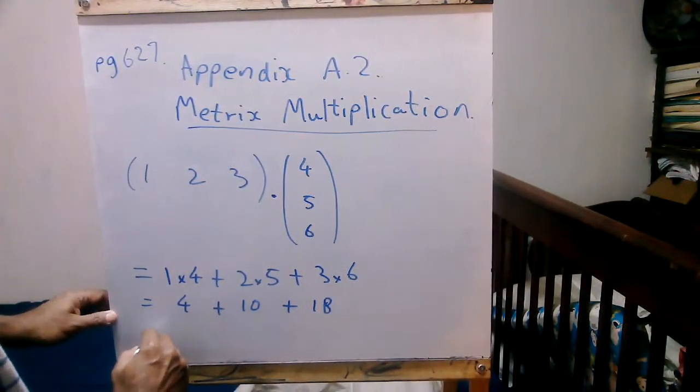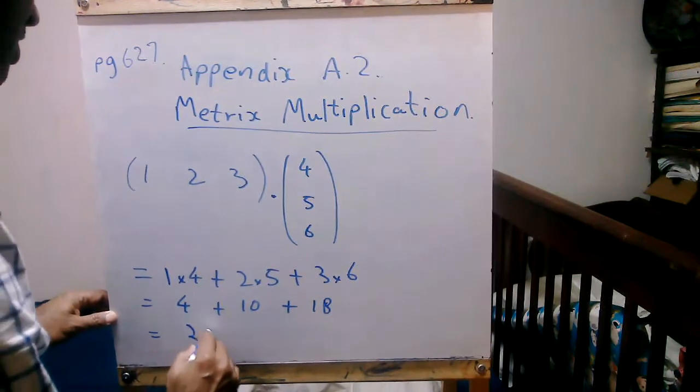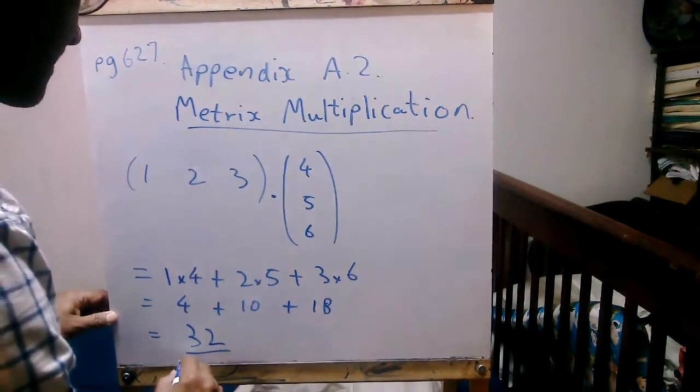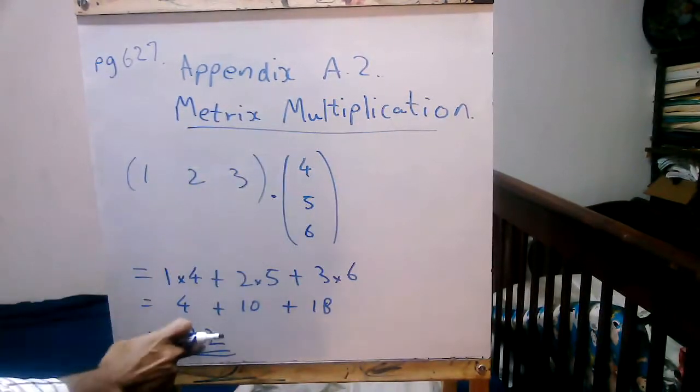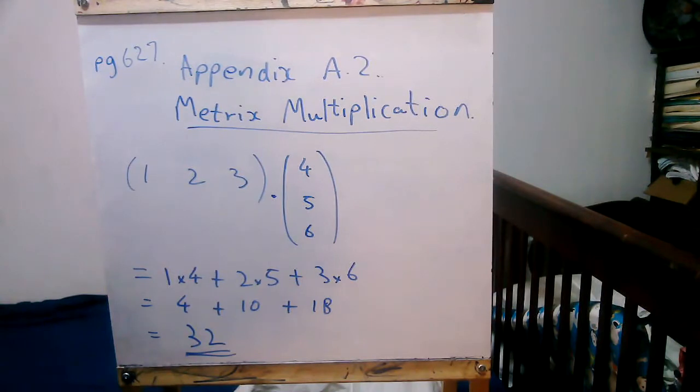This is equal to 32, right? We multiply the row vector and column vector, and we end up getting the answer 32.